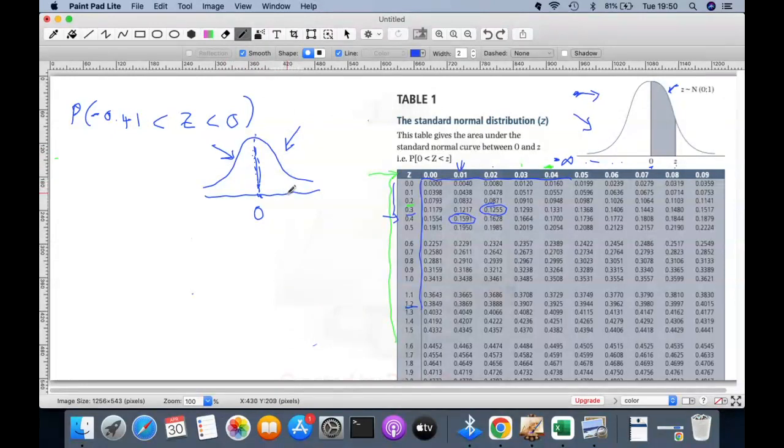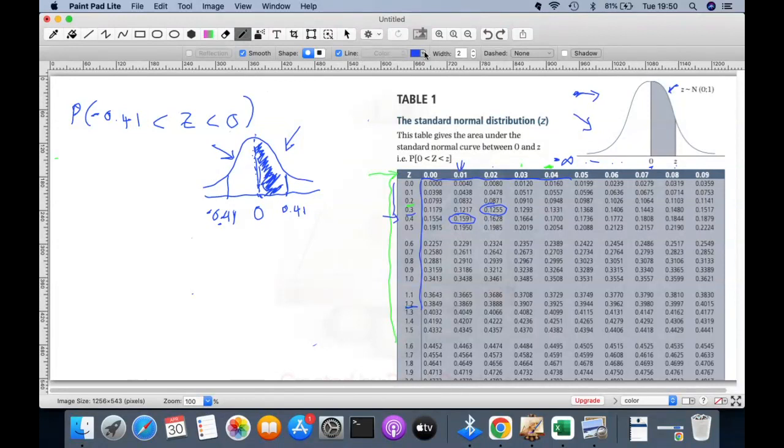So if you knew the area from 0 to positive 0.41, then because of symmetry, it is exactly the same as negative 0.41 to 0.